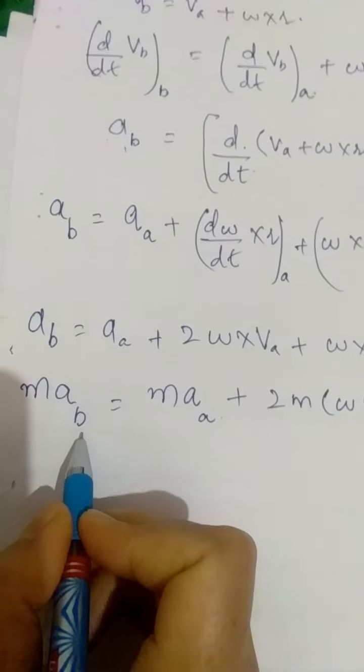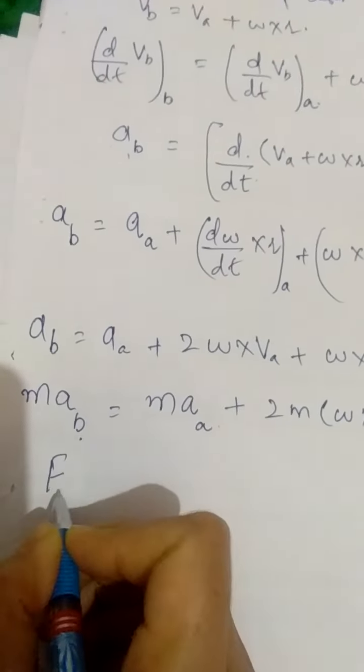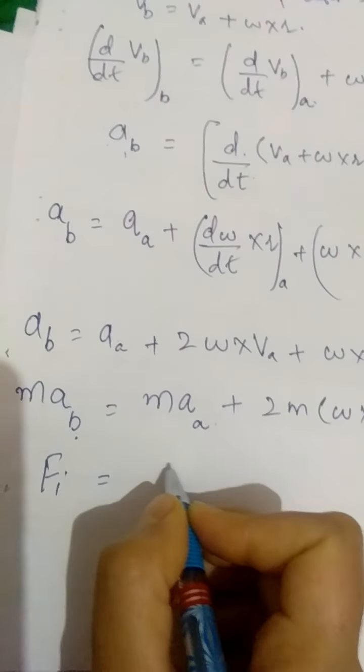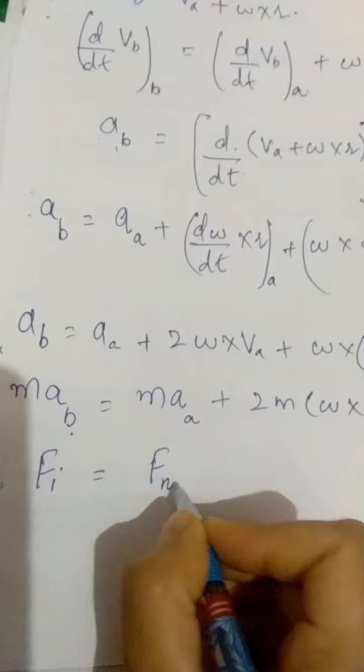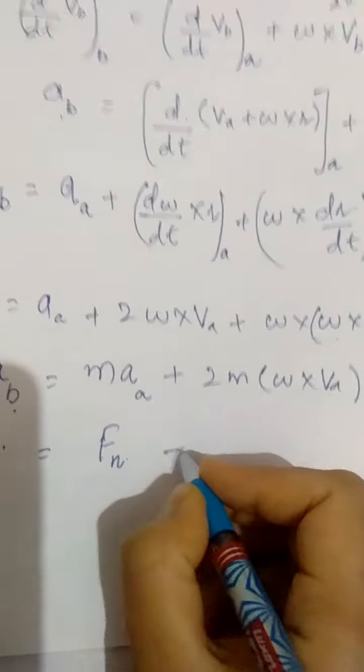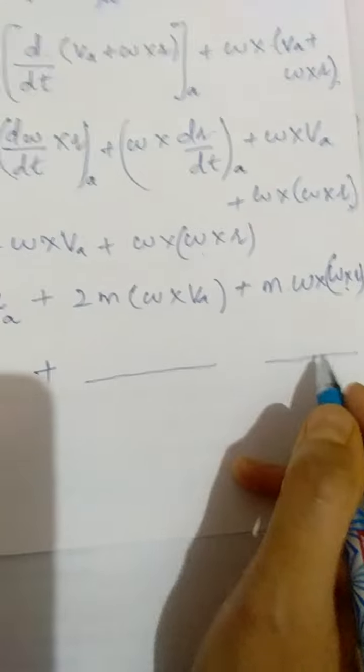So this is the force in the static frame of reference, that is inertial frame of reference, mass into acceleration. This is the force in the rotating frame of reference, that is non-inertial, right? Plus these two terms. I hope all of you are easily able to identify this with the Coriolis force and this with the centrifugal force, right?